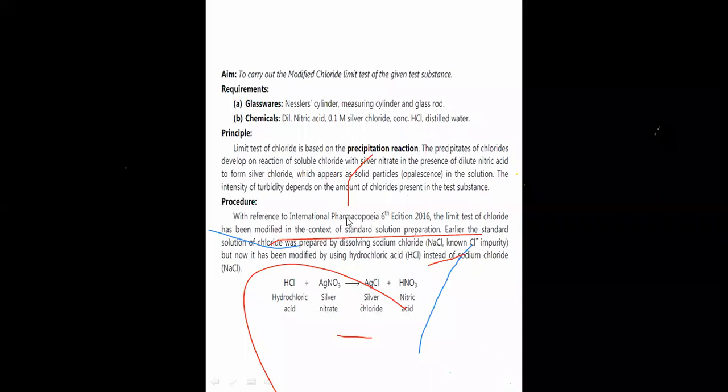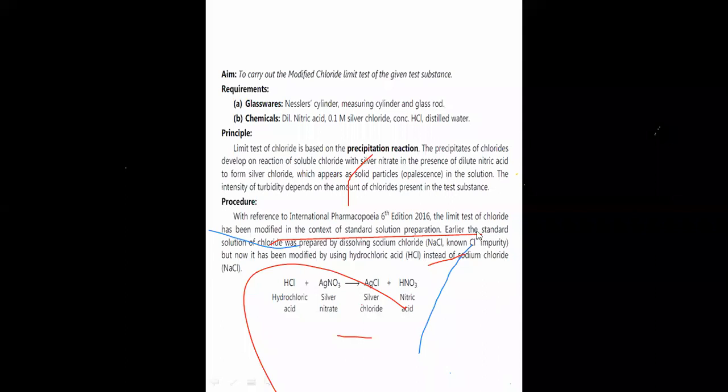Now, with reference to the International Pharmacopoeia 6th edition 2016, the limit test of chloride has been modified in the context of standard solution preparation. See, the standard solution preparation procedure has changed. That is the only modification we have done in the modified limit test of chloride.